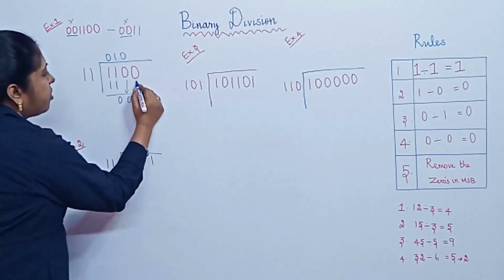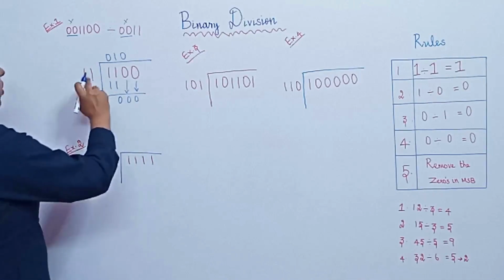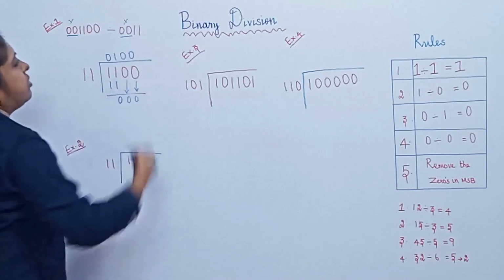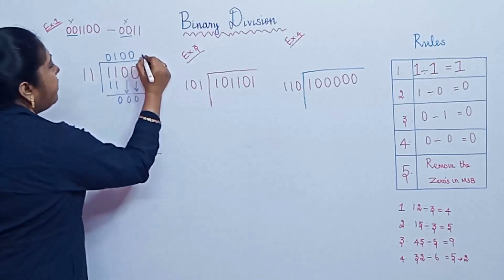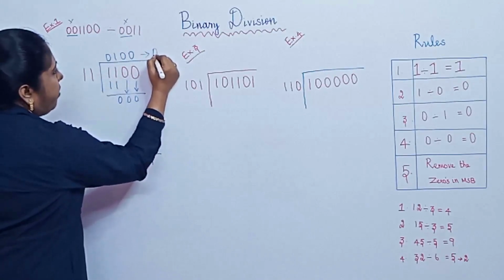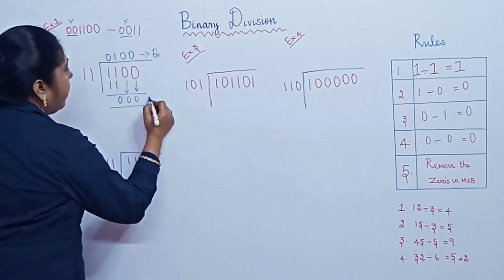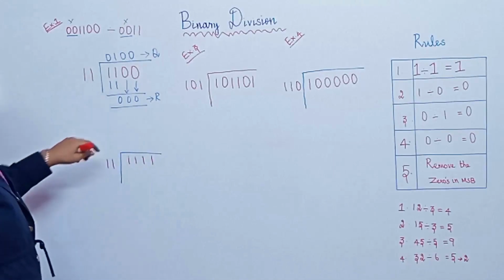Another digit we bring down, that is also a 0. We cannot divide, so we place a 0 here. This is called the quotient, simply I am writing Q, and this is called the remainder, simply I am writing R.